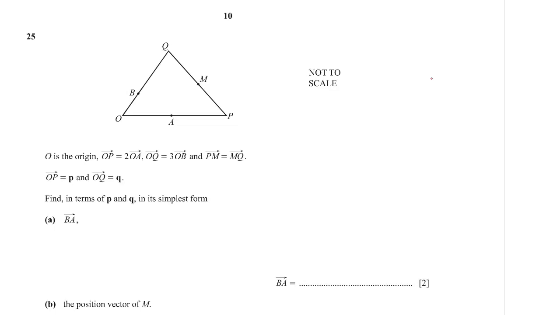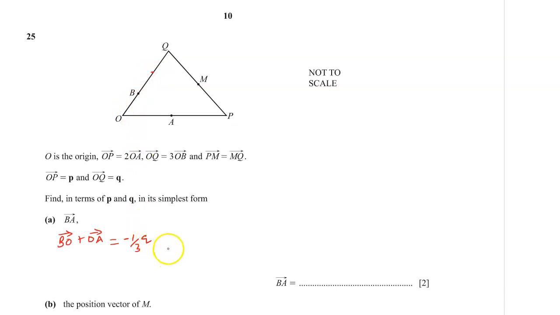BA. We can express BA as BO plus OM, and this BO will be a third Q. Don't forget OB here. We were told that OQ is that, so this can be divided by 3.